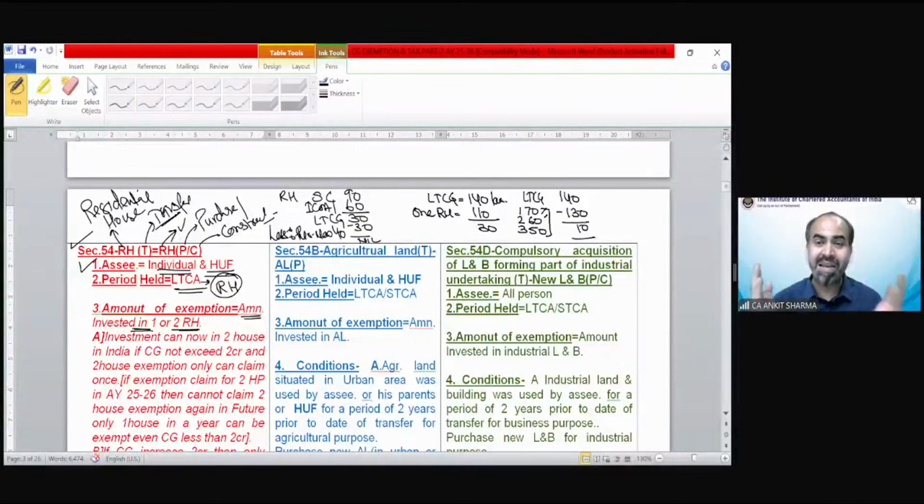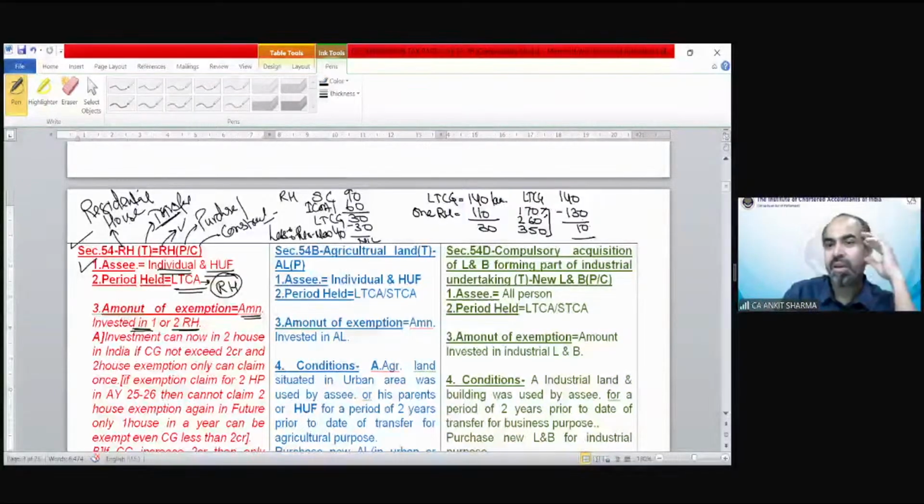You can only claim two house exemption once. And there is one more restriction. The gain should not exceed 2 crores. So if the gain exceeds 2 crores, then only one house exemption you can claim.